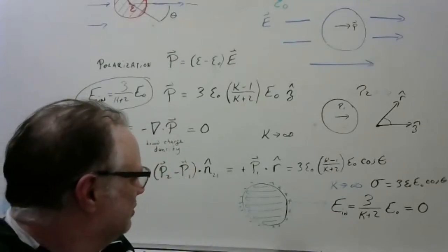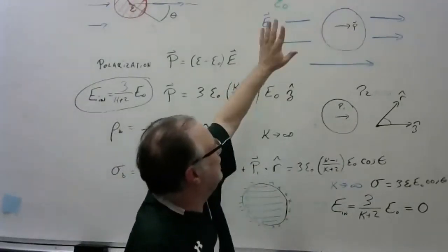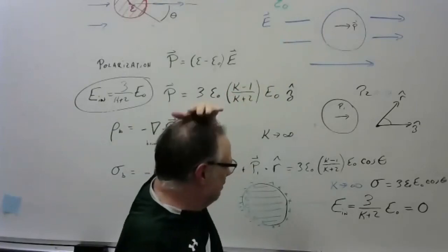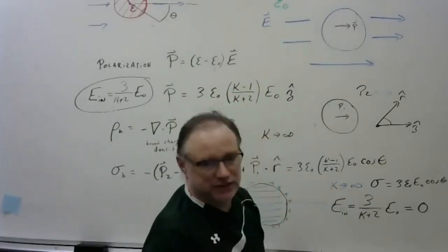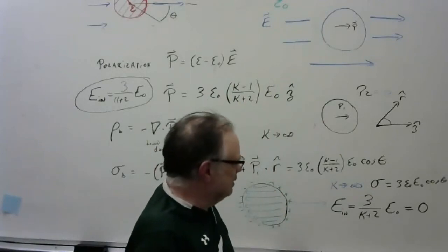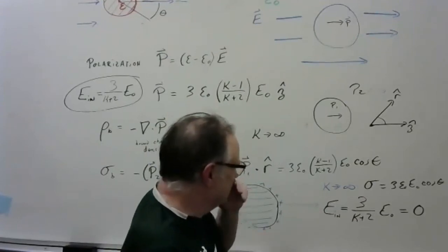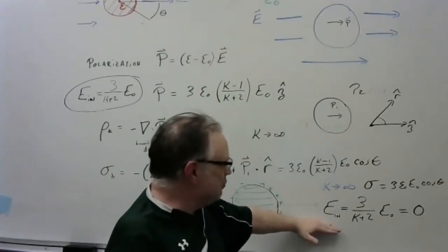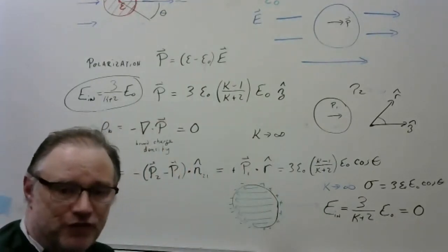What I'm asking is, if we take the limit of kappa going to infinity, what kind of objects do those represent in terms of electrostatics? The electric field should always go to 0 inside of something where kappa goes to infinity.